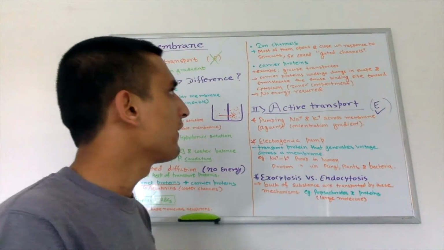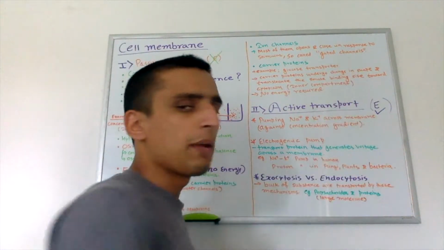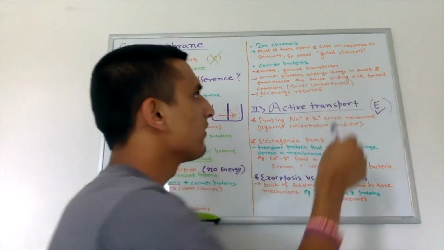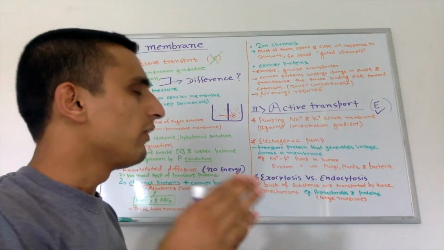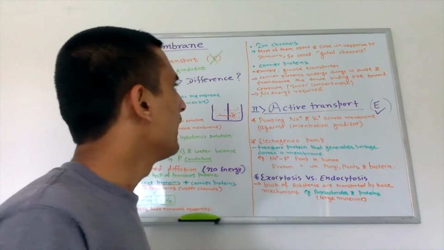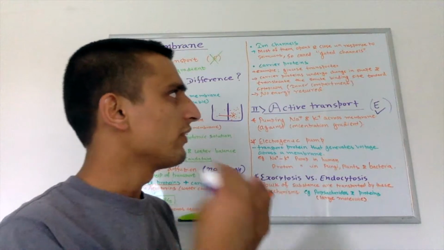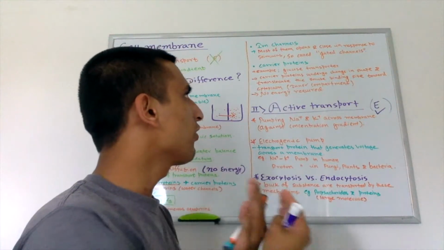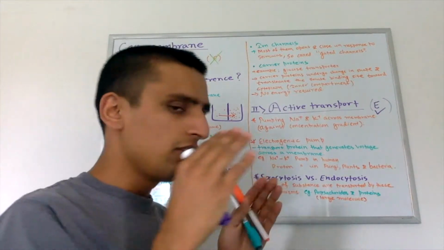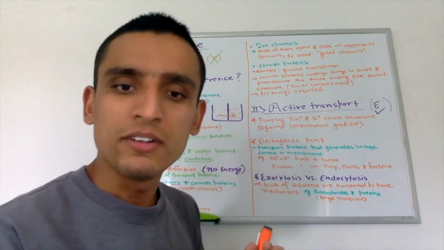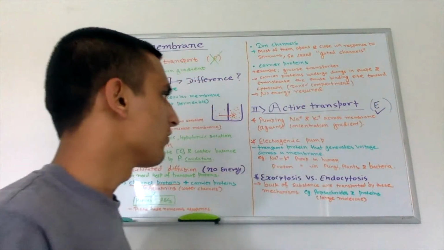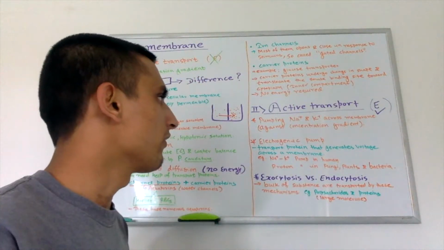The glucose transporter, for example, is a type of carrier protein. It undergoes a change or transformation, and it changes the environment of the inside compartment. So that's what carrier proteins do, and they are very important also.